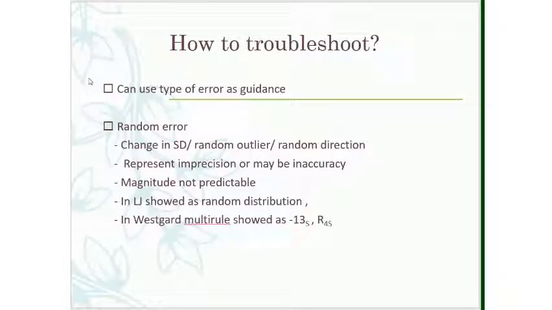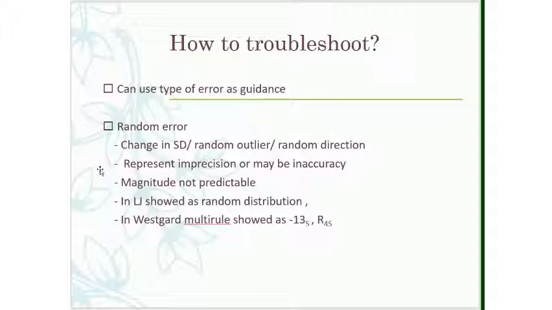So, how to troubleshoot? Well, we can use the type of error as guidance. For random error, we see changes in standard deviation. The random error is an outlier and has random direction. So it represents imprecision.